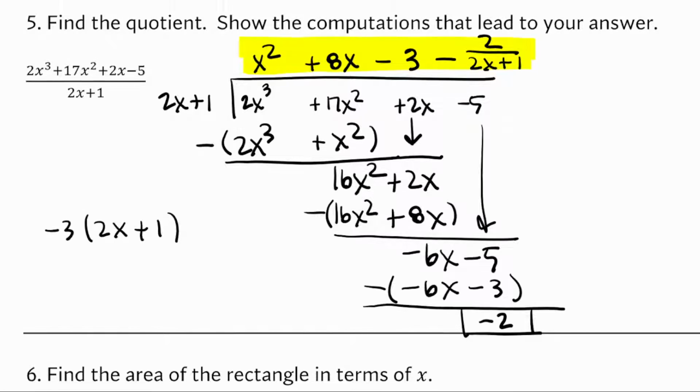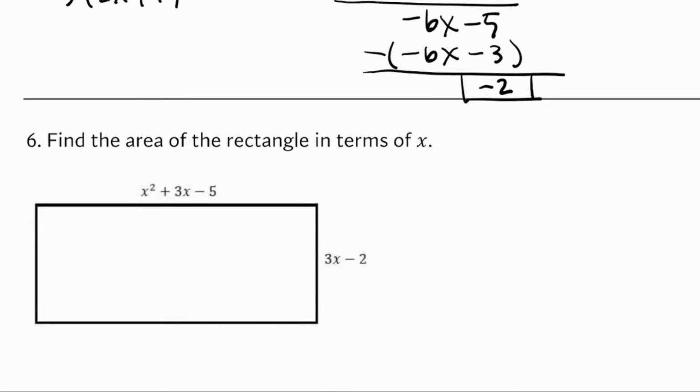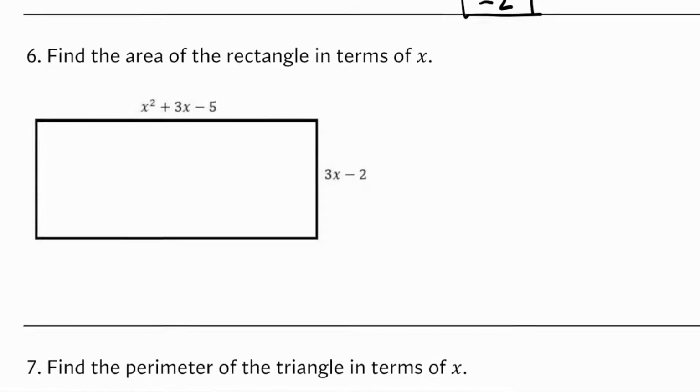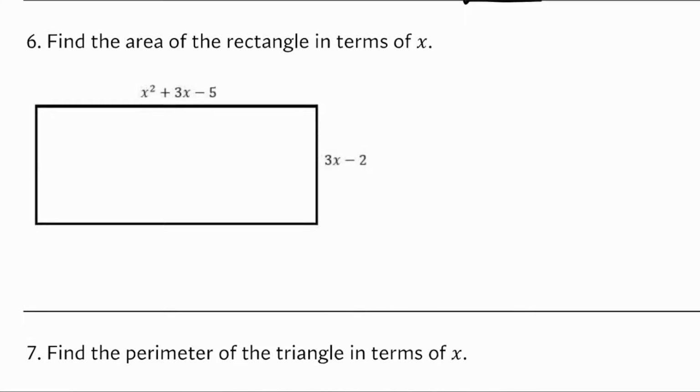Alright, now I think we've got just a couple of geometry problems, and that'll be it for this version. Okay, find the area of the rectangle in terms of x. So we know that we find the area of a rectangle by multiplying its base by its height, so I'm just going to do x squared plus 3x minus 5 multiplied by 3x minus 2.